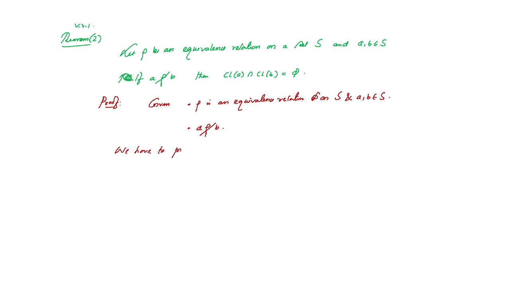We have to prove that these two, class A and class B, are disjoint.